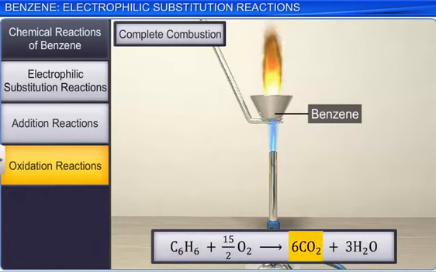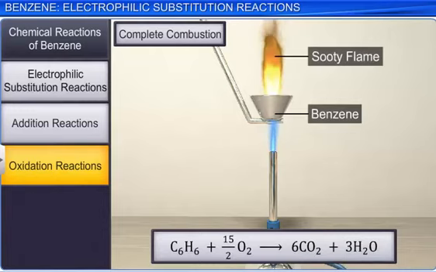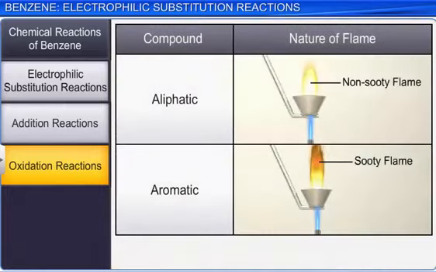The presence of higher carbon content than the hydrogen content in benzene produces the sooty flame. Moreover, this sooty flame test is used as an identification test to distinguish aromatic from aliphatic compounds.